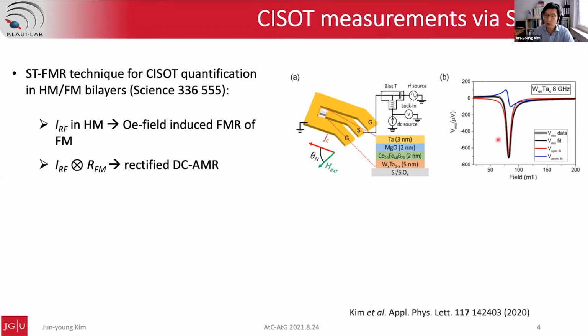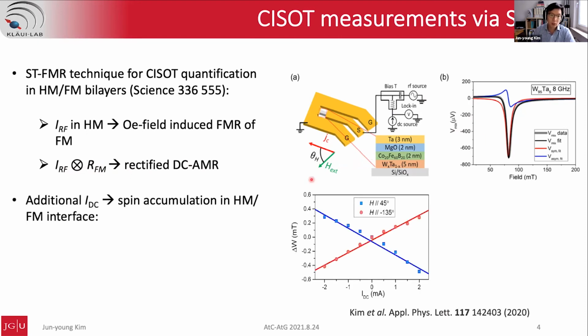So typical ST-FMR looks like this. As you sweep the field, we see a change in the voltage across the strip as one way to measure the ferromagnetic resonance. What we do to quantify this current-induced spin-orbit torque is the so-called modulation of damping technique, where we apply an additional DC current into the strip. This DC current, either by the bulk spin Hall effect in the heavy metal or by other interface effects, such as the inverse spin galvanic effect, creates an additional spin accumulation at the interface.